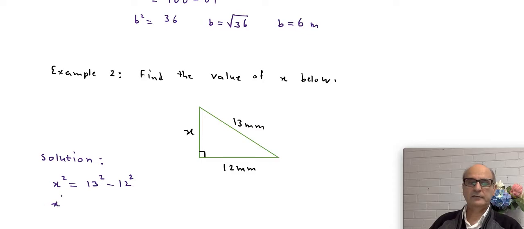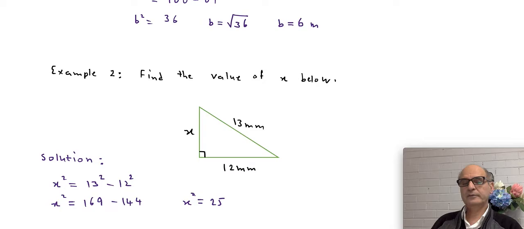That gives me x squared equal to 13 squared is 169, 12 squared is 144. Square means times by itself. And if you work that out, x squared equals 169 minus 144, which gives you 25.